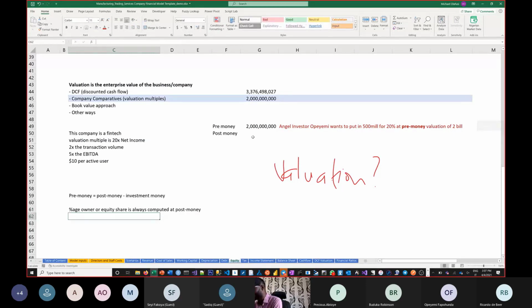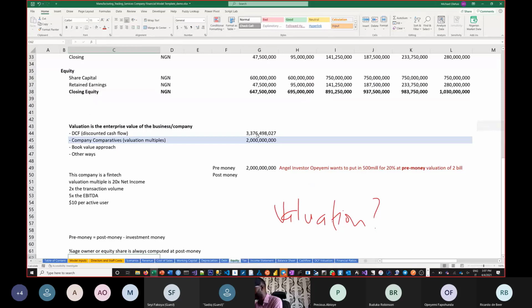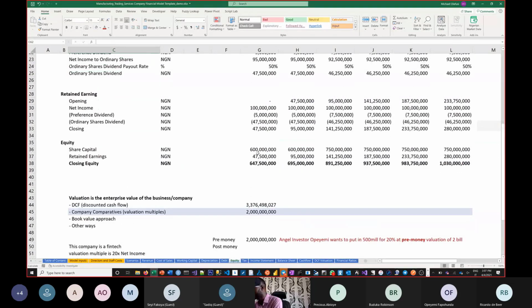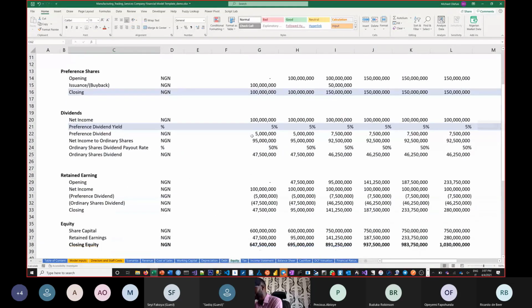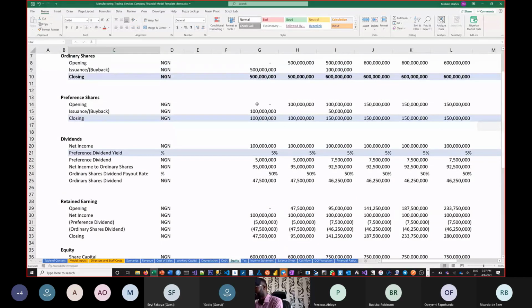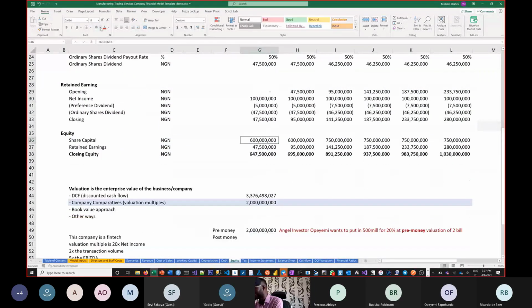Now take a look at it. For now, how many shares do we have? We have 600,000 shares. Let's say all these shares are at 1 share per.